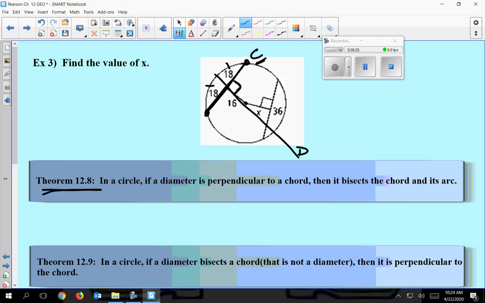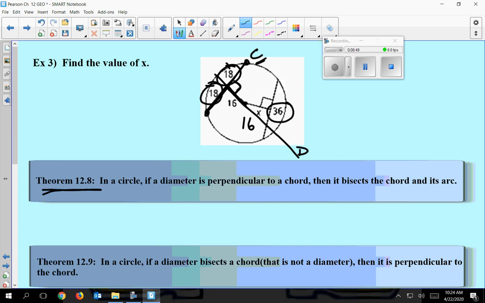So I'm assuming, if I did that and they say it's 18, it bisects it, this is 18 and this is 18. Well, 18 plus 18 equals 36. So shouldn't X here also be 36? Okay, whatever, inches, centimeters, whatever, okay? So kind of illustrating that rule before we actually got to it, okay?